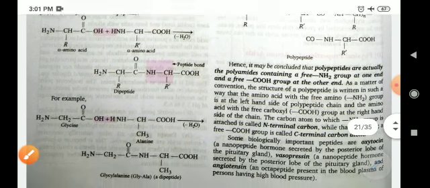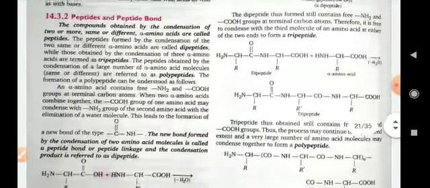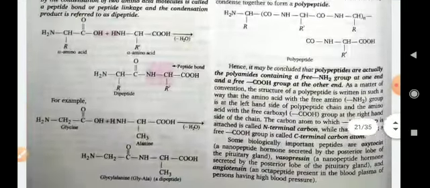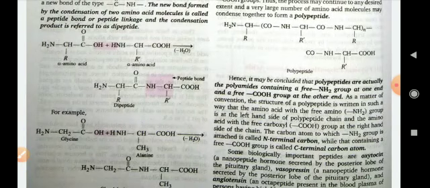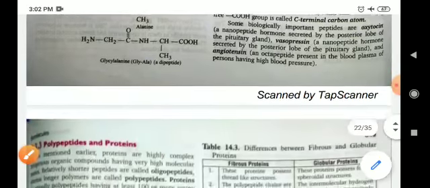If three moles of amino acid condense and form a product, then it will be known as a tripeptide. So dipeptide, tripeptides, tetrapeptides, and finally polypeptides. Hence it may be concluded that polypeptides are actually polyamides containing a free NH2 group at one end and a free COOH group at another end.